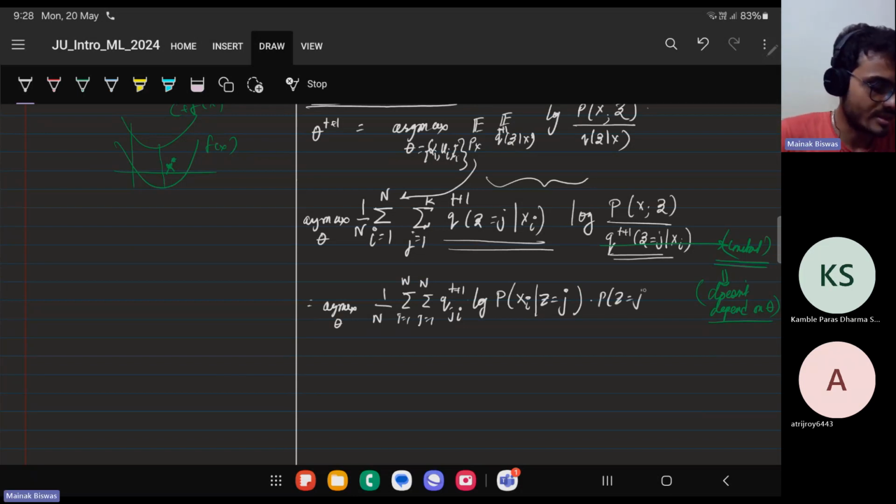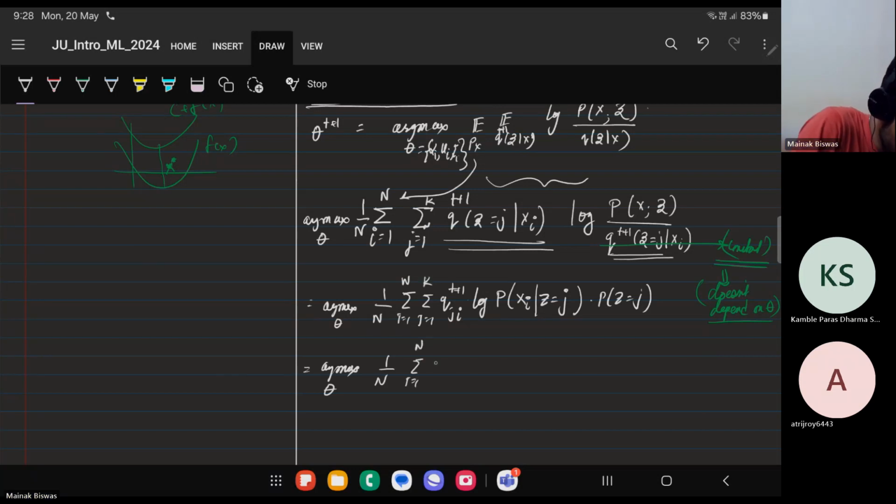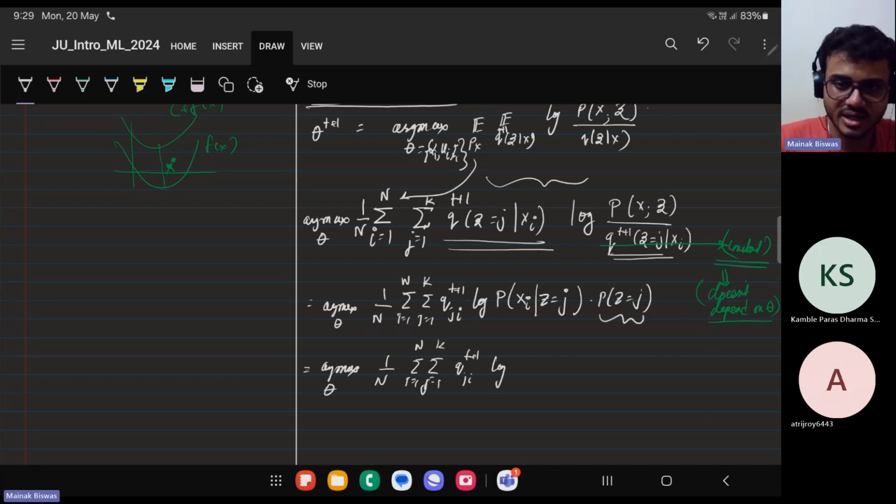Correct? Write it down. What are these values again? Argmax over theta, 1 over n, i equal to 1 to n, j equal to 1 to k, Q ji t plus 1, log of, what is alpha j? P of z equal to j is alpha j. This is alpha j, right?